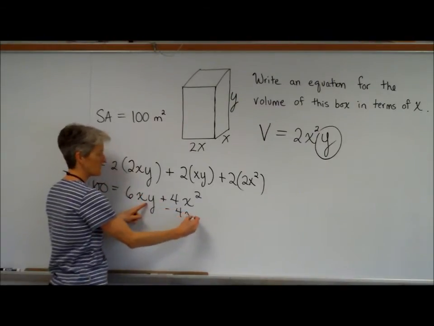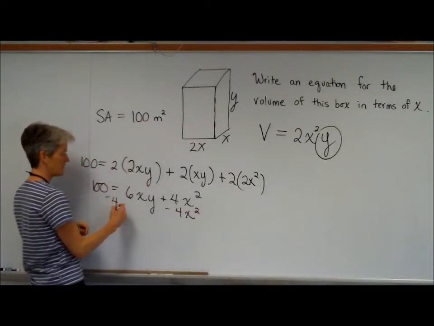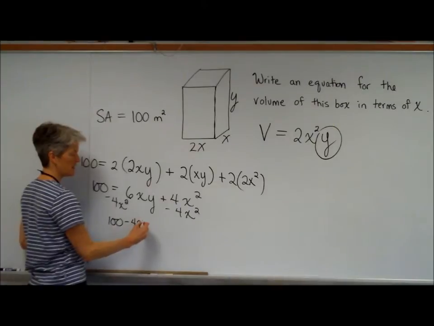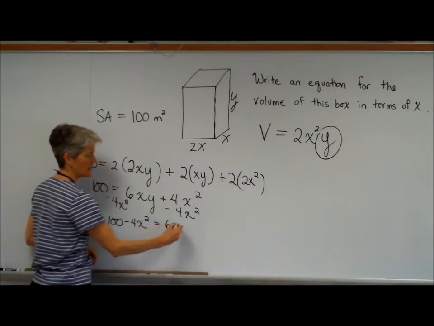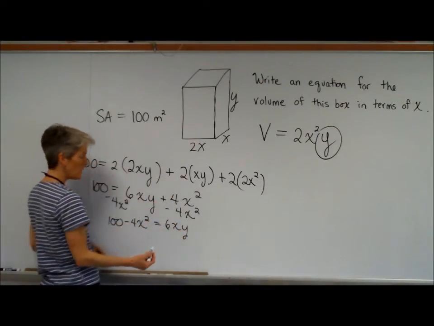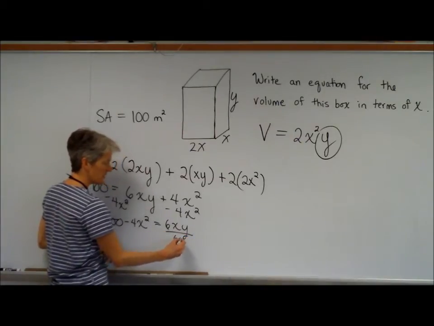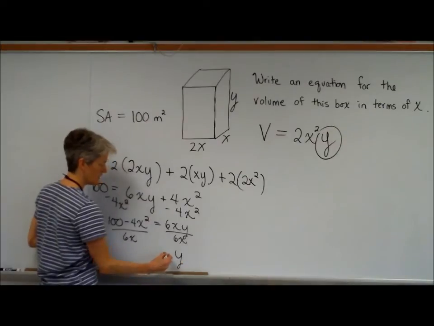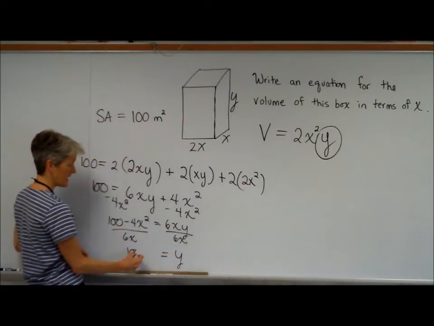So let's subtract 4x squared from both sides. 100 minus 4x squared equals 6xy. And again, a little more algebra. I'm just going to divide both sides by 6x. We're assuming, of course, that x is not equal to 0 here. That's why I can do that.